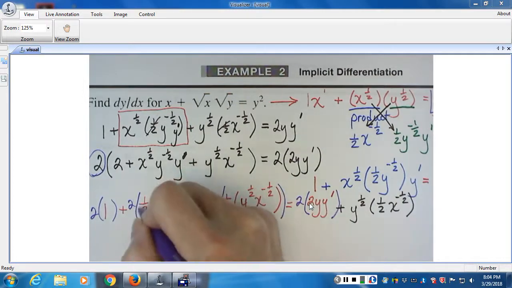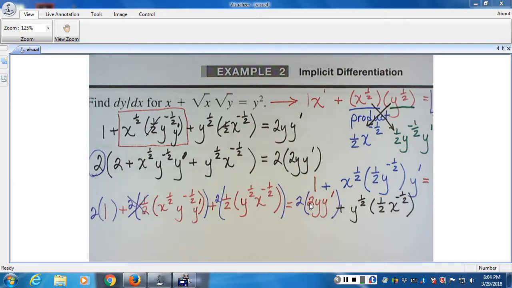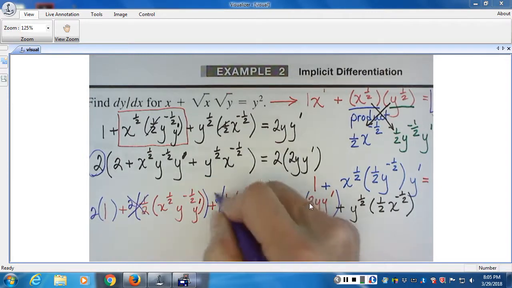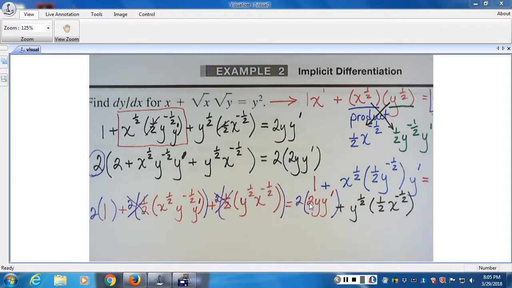So 2 times 1/2 disappears. 2 times 1/2 disappears. 2 times 1 is 2. This has disappeared, and all I have left is what was in the parentheses.